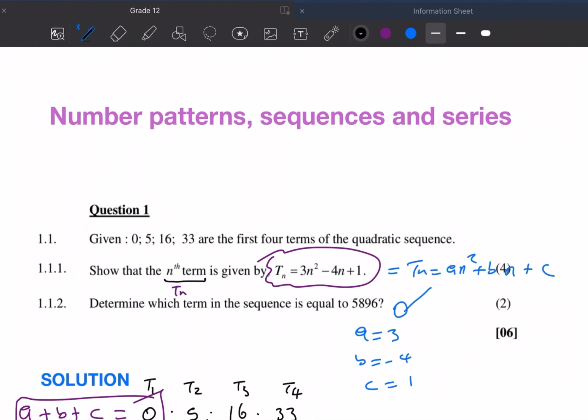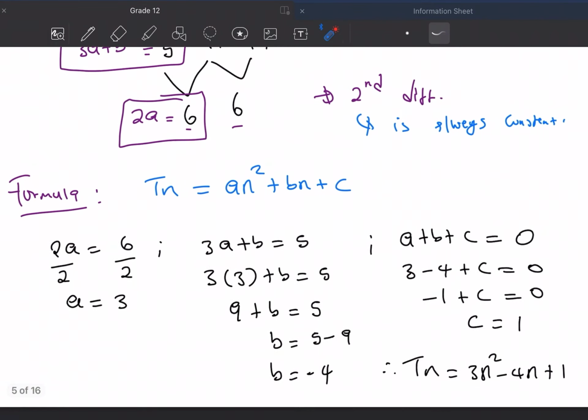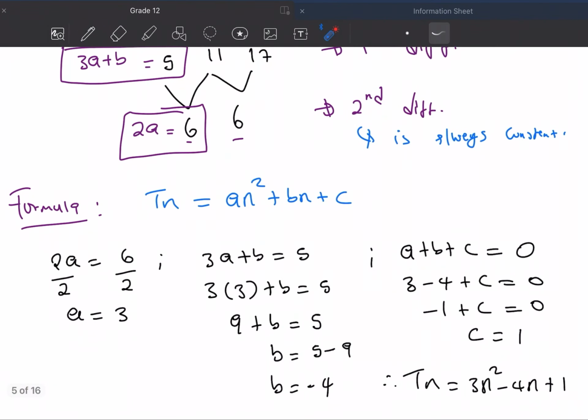Show that the Tn, nth term, when they say nth term in number pattern, I mean Tn, is given by this equation, and this was just 4 marks. So you're going to get marks. So it's 1, 2, 3, 4.